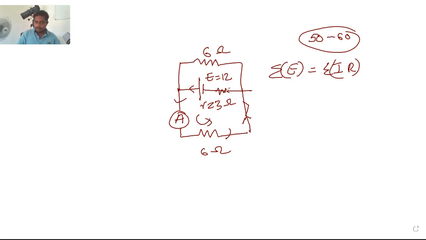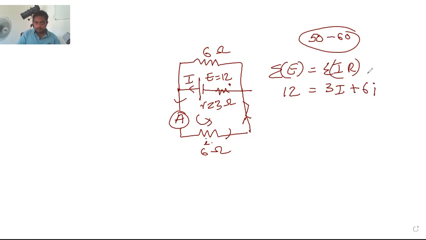That is R is 3. This total current is capital I, and here I am getting simple I. So sigma E is 12 is equal to 3 capital I plus 6 simple I.